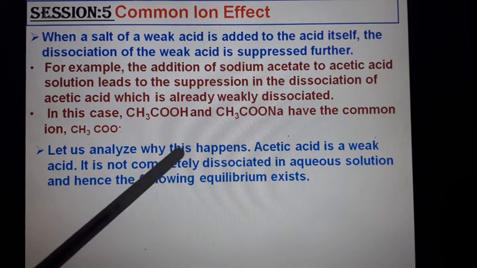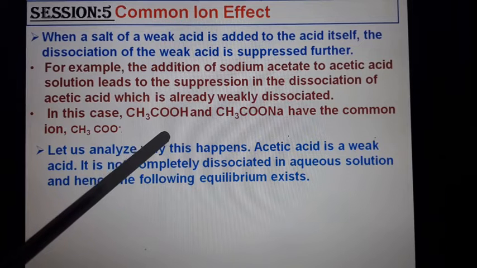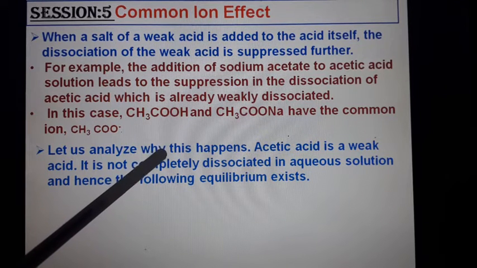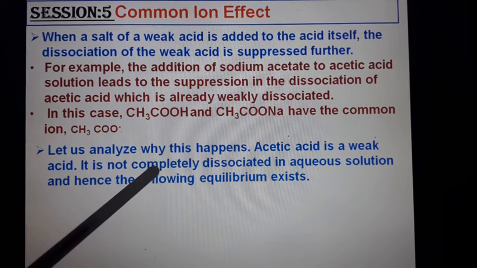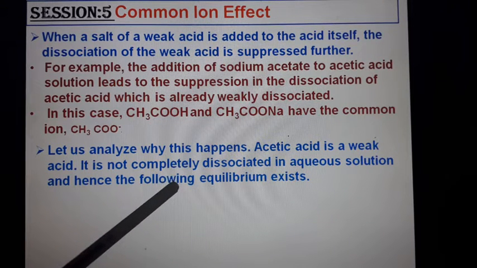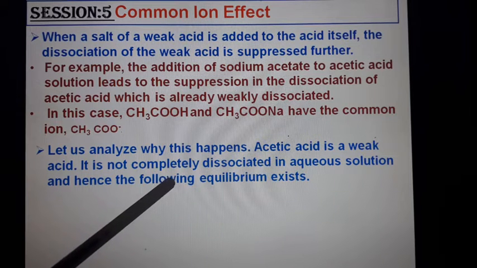So let us analyze why this happens. Now we will see what happens in this solution when salt is added to this acid. Acetic acid is a weak acid. It is not completely dissociated in aqueous solution, as we saw in the last sessions.